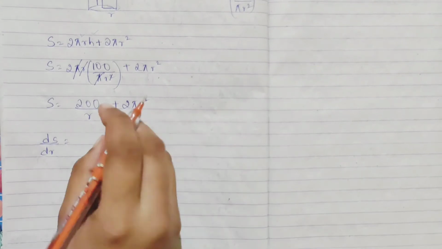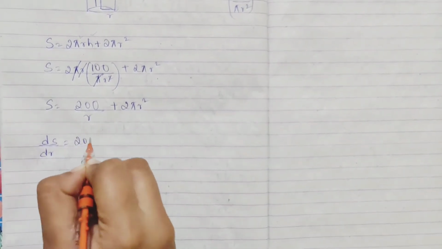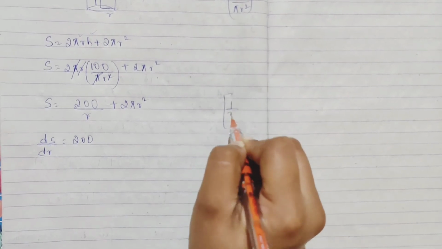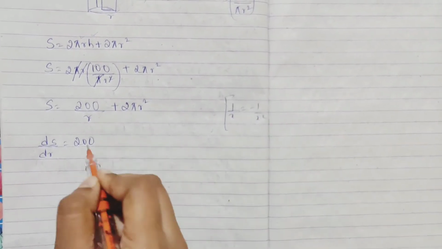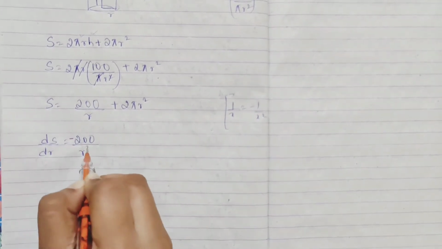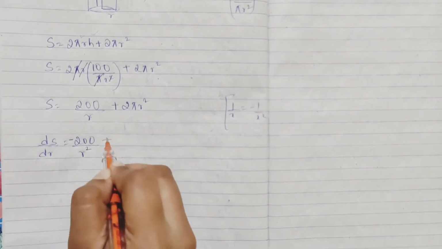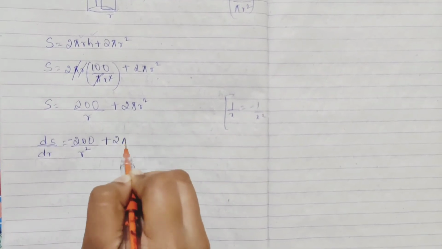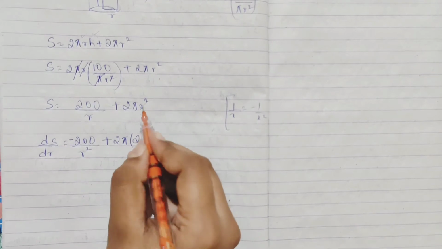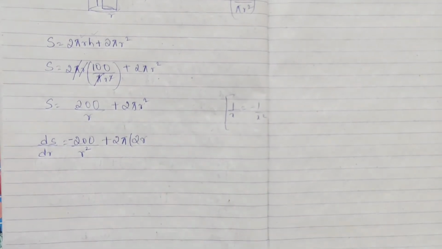dS by dr: 200 keep here, and this is 1 by r, and differentiation of 1 by x is minus 1 by x square. In the same way, here I am taking minus 1 by r square, right? Now plus 2 pi is constant, keep as it is. Differentiation of r square is 2r, as it is x raised to n form, and differentiation of x raised to n is n into x raised to n minus 1.